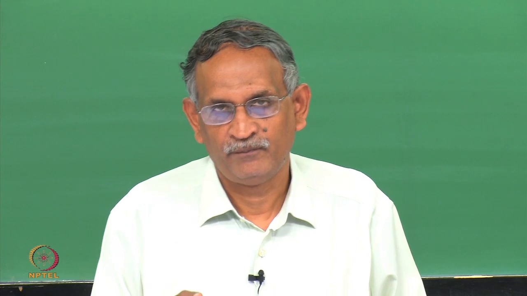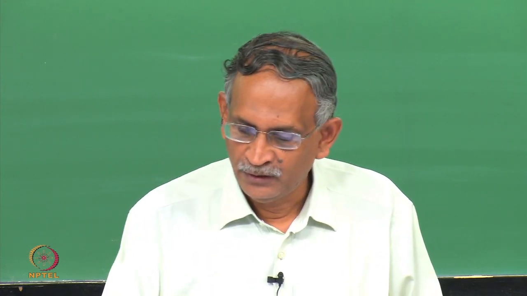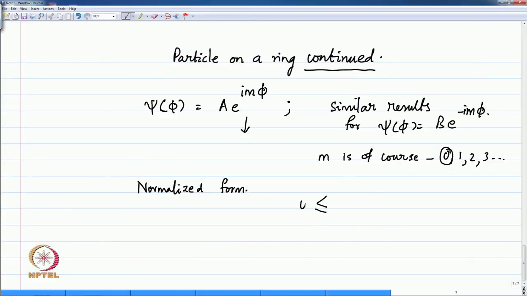For different values of phi, the wave function is different. The range is between 0 and 2 pi, because after that the wave function simply repeats itself. Therefore, this is the range for normalization.